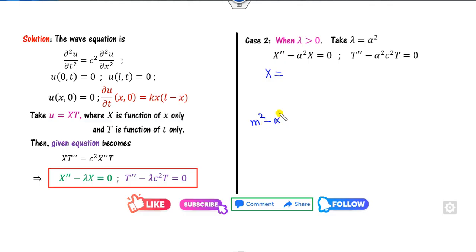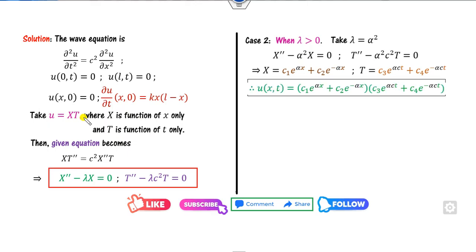The auxiliary equation is m square equals alpha square, so m will be plus minus alpha. So c1 e raised to power alpha x plus c2 e raised to power minus alpha x. Now I can substitute the values of X and T in my given equation, and you will get this solution. Again I apply those conditions whose right hand side is 0.